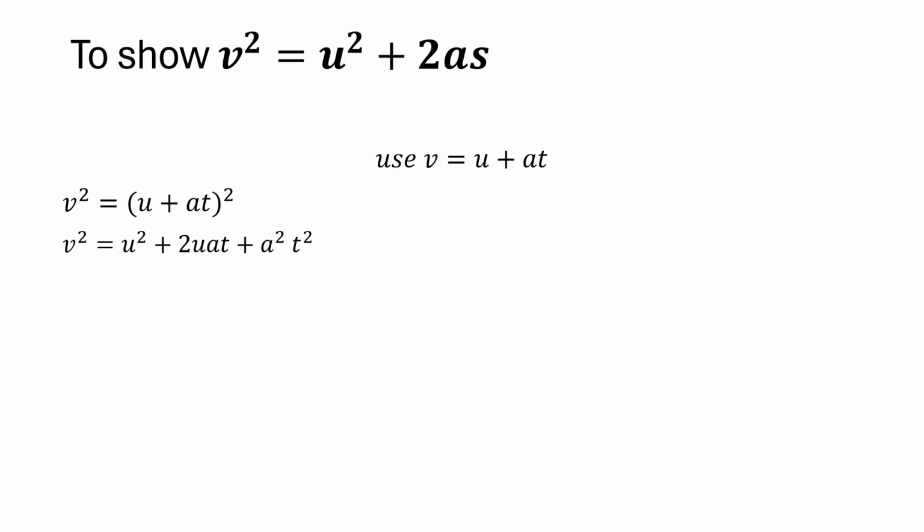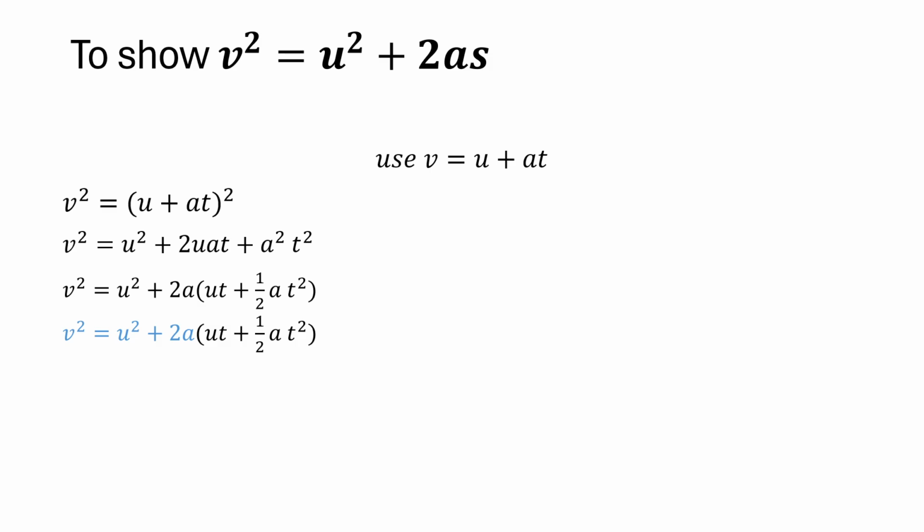We've already matched the v squared on the left-hand side of the equation, and on the right-hand side, u squared plus something. So if we can get the a out, where we've got what we're trying to prove, our 2as, if we can take that a out, then that'll help us match that form. Whilst we're doing that, however, we can also take a factor of 2 out of both the 2uat and a squared t squared terms. So that's going to look like this. We're almost there. We've matched v squared equals u squared plus 2a multiplied by something.